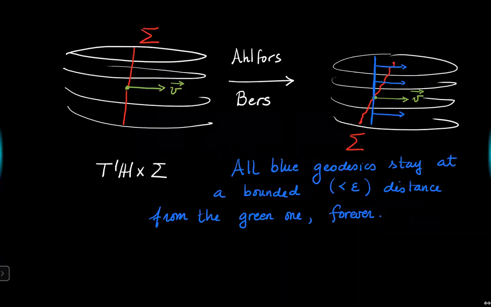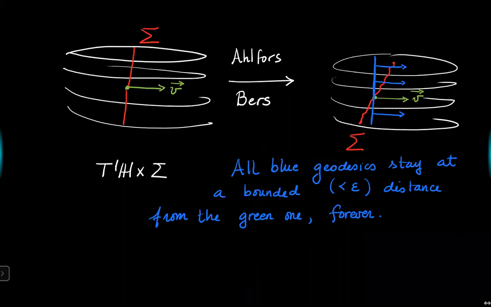Now that all the metrics are the same, if I draw this blue transversal, all blue geodesics, so geodesics for all the blue initial conditions, stay at a bounded distance from the green one forever, because this is where the Riemannian condition comes in.